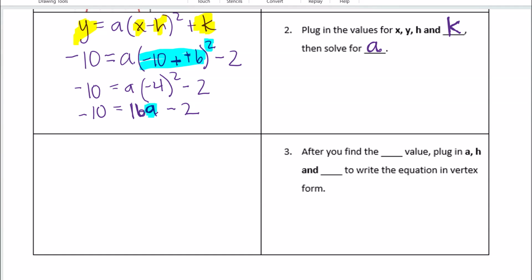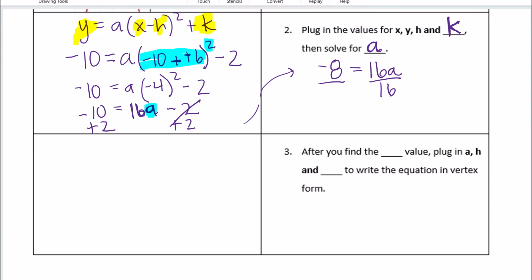So now we just want to get a by itself. So to get a by itself, I'm going to add 2 to each side. Then I'm going to write it over here. So negative 10 plus 2 is negative 8 equals 16a.